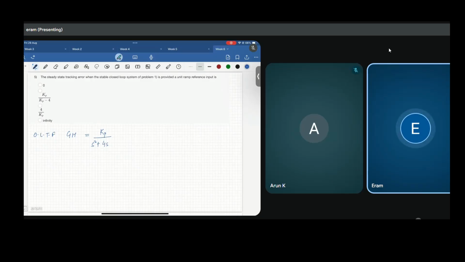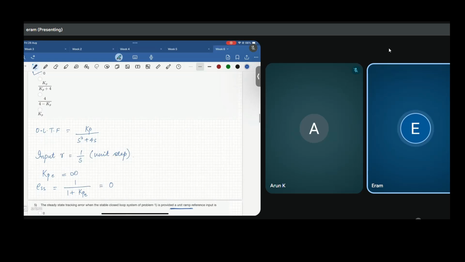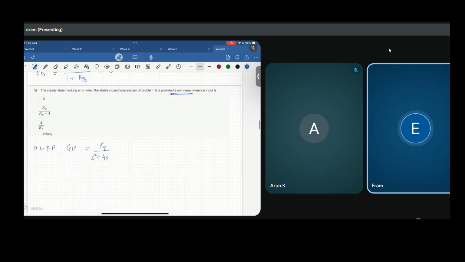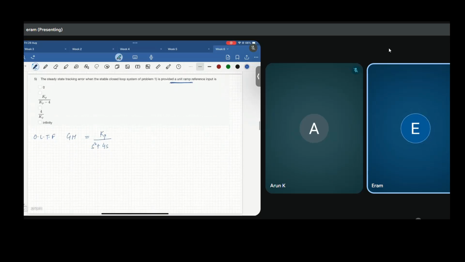Okay, so for this problem, the input is a unit ramp input. So earlier we had the step input, so we calculated the static error constant. Then in the case of ramp input, we need to find out the velocity error constant, which is nothing but limit s tends to 0 of s times GH.